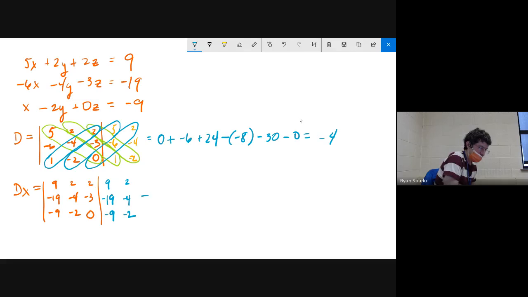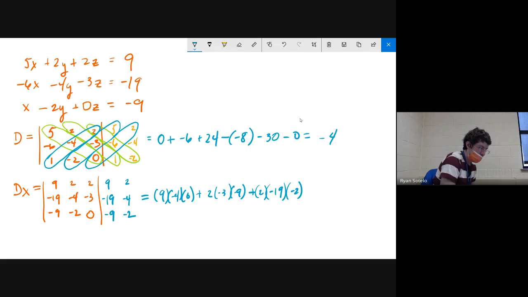So I will get 9 times negative 4 times 0. I'll just write everything. We'll have 2 times negative 3 times negative 9. And then 2 times negative 19 times negative 2. Those are the 3 diagonals that way.